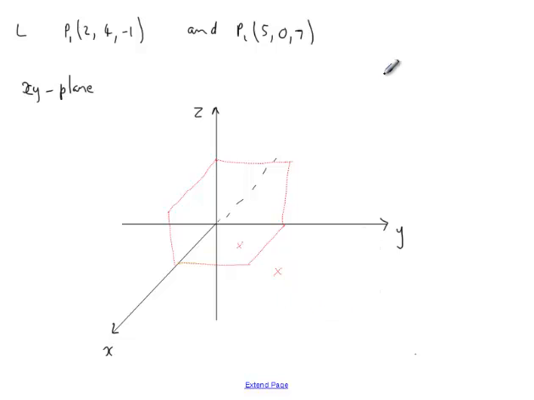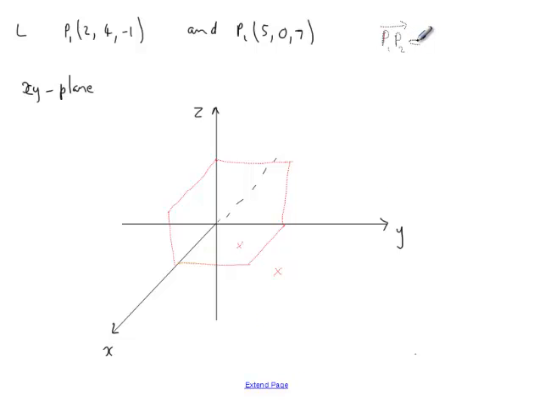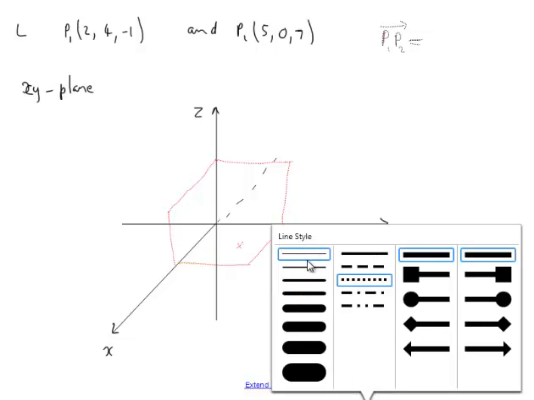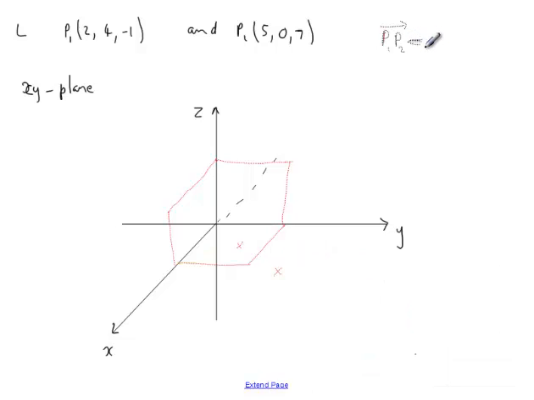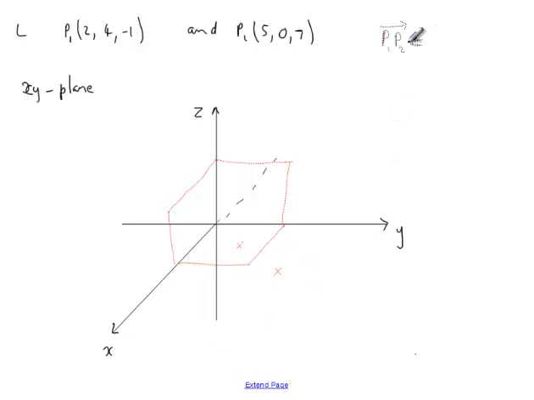So let's get the equation of the line. We get the vector P1P2. What's the vector?